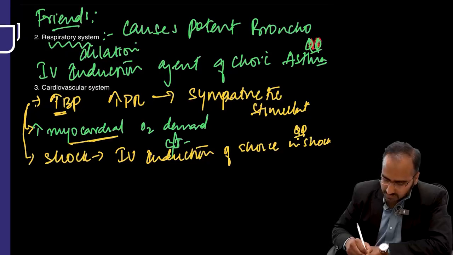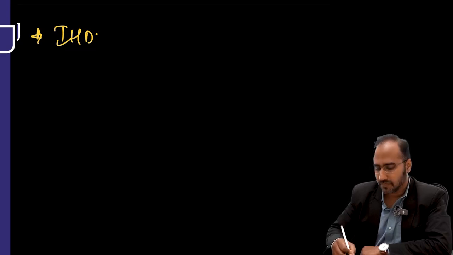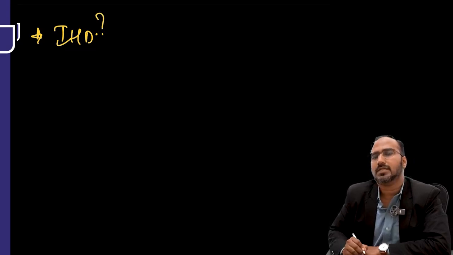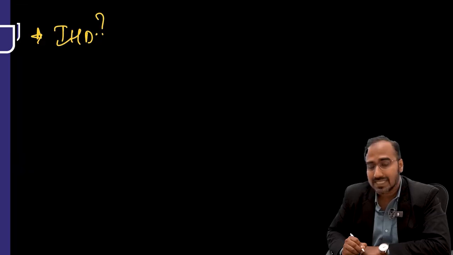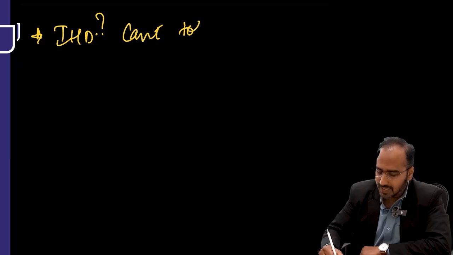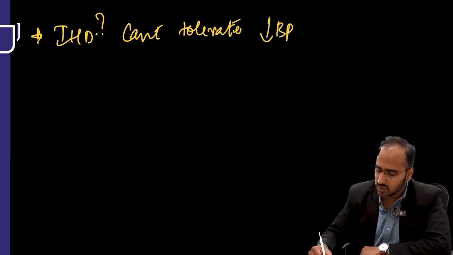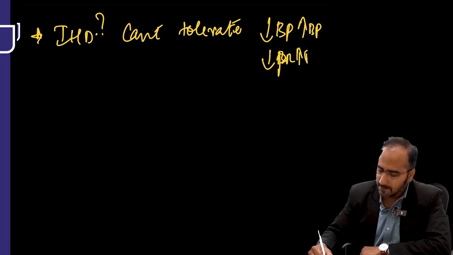Apart from that, can you give ketamine for an ischemic heart disease patient? Yes or no? And remember, guys, when you compare ketamine with other IV induction agents, all IV induction agents were causing hypotension. So we are not giving them in shock. In shock, we give ketamine. When compared to ischemic heart disease, can you give ketamine? I told you, an ischemic heart disease patient can't tolerate extreme changes of blood pressure, whether it is low or high BP, whether it is low or high pulse rate.